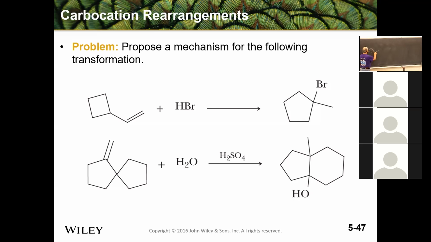Okay, the name of this would be vinyl cyclobutane. This is a vinyl group. And we are adding HBr to that. Our alkene picks up an H, gives away both of its electron pairs to the bromine.